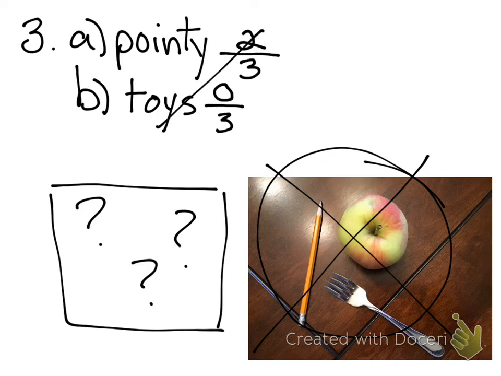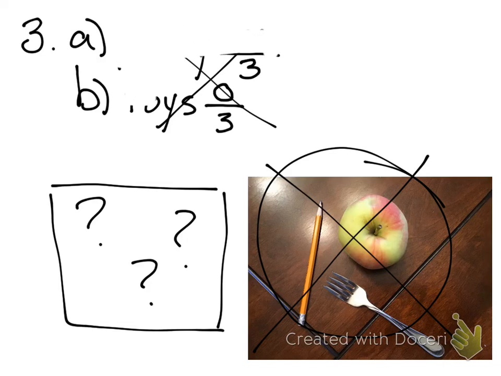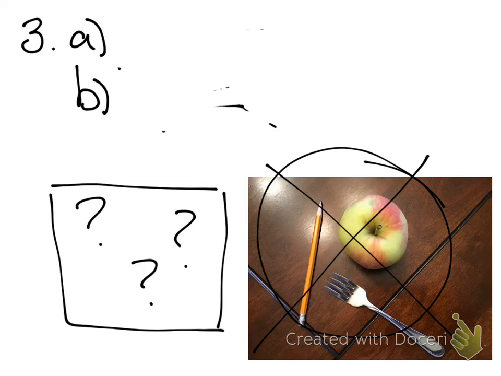Now, you should not have copied my work. This should be your work right here. So you are going to look at your 3 items. Your job is to not just write a fraction. You have to put a word, then you put a fraction. And then here you have a word to describe some items, and then you write your fraction.